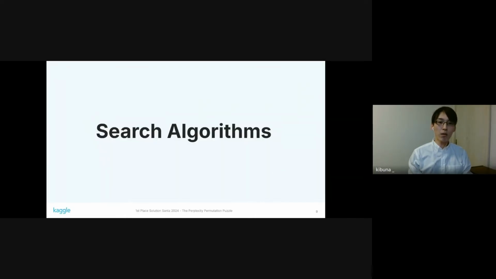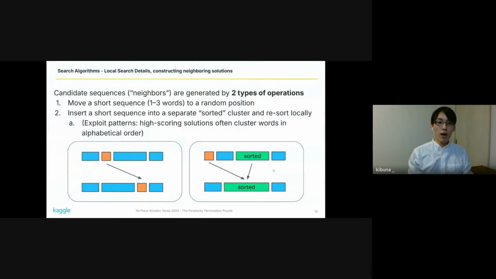Okay. Search algorithms. Our search process begins by generating neighboring solutions based on the current best solution. We employed 2 types of operations. The first is just an insertion, moving a short word sequence to different random positions.